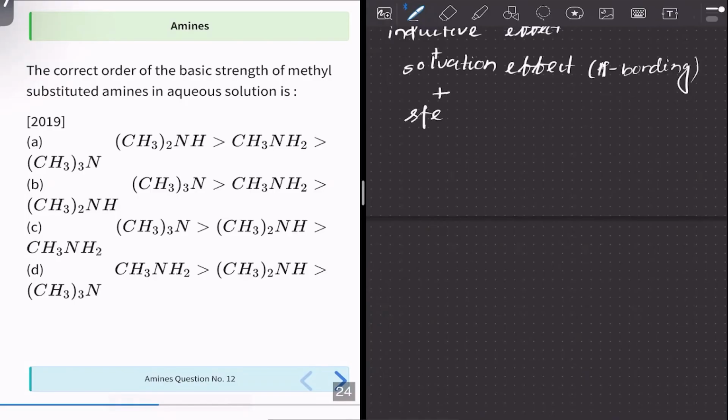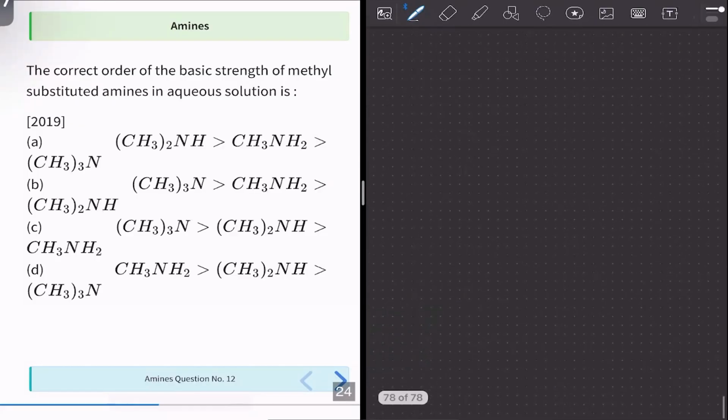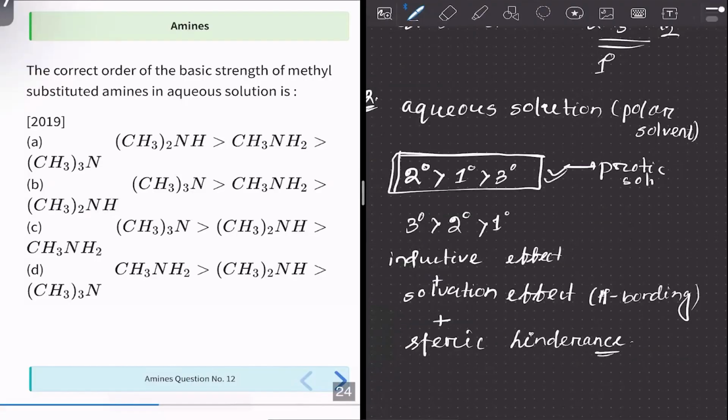Then steric hindrance also plays a major role in the tertiary amines. Because of the steric hindrance only, we have lesser basic character in the tertiary amine. Okay. So this is the correct order in protic solvent or polar solvent. The other is in gaseous state.